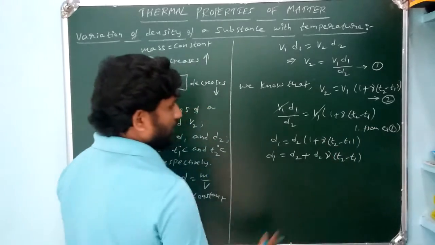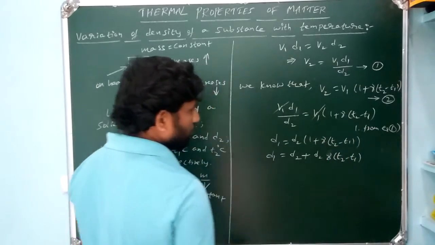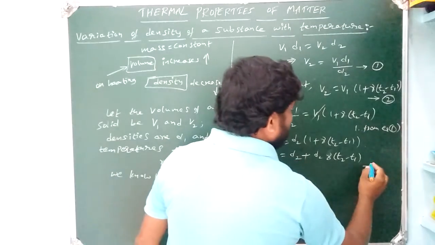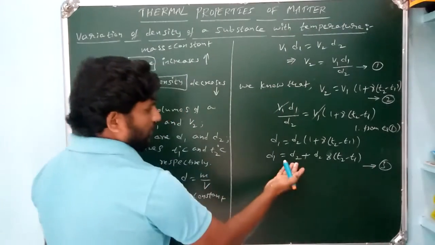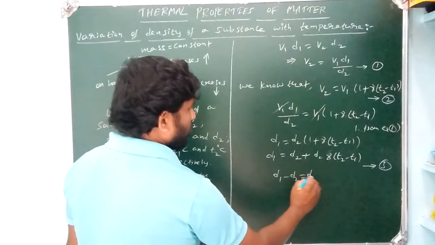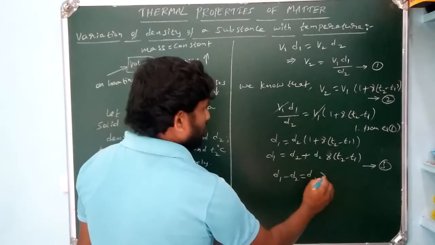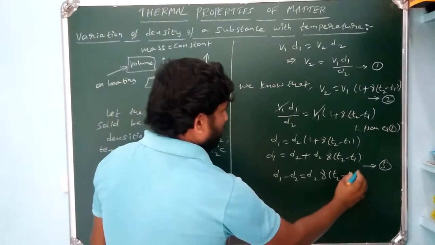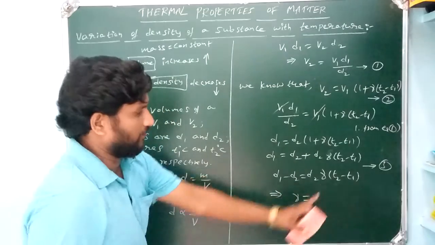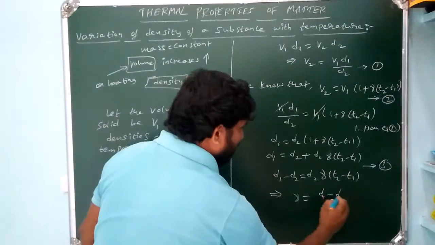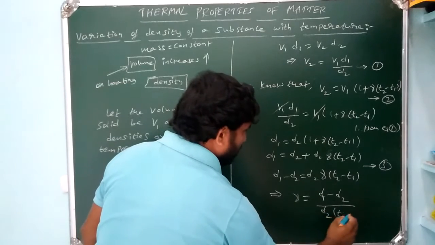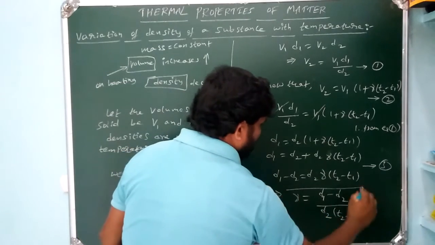Let us consider this equation 3. Bringing D2 to the left hand side, D1 minus D2 is equal to D2 into gamma into T2 minus T1. From that, the formula for gamma is gamma equal to D1 minus D2 by D2 into T2 minus T1.